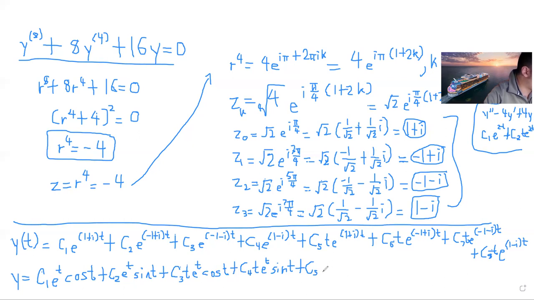We have to do the e to the power of negative t, C5 e to the power of negative t cos t, plus C6 e to the power of negative t sine t, plus, I have just enough space, C7 t e to the power of negative t cos t, plus C8 t e to the power of negative t sine t.